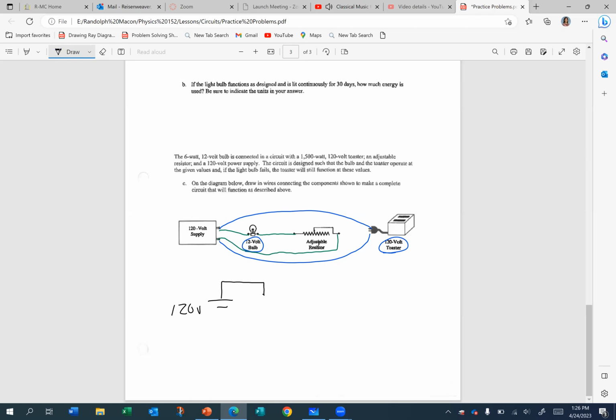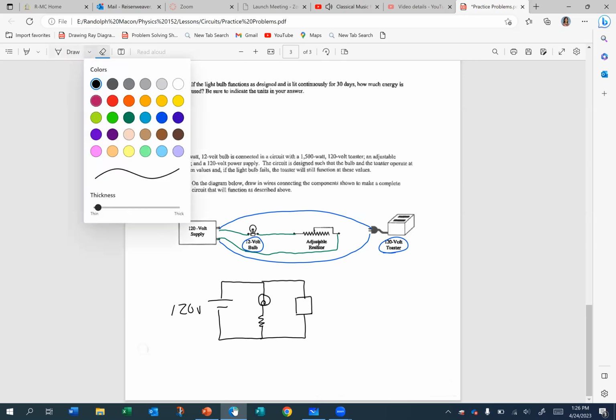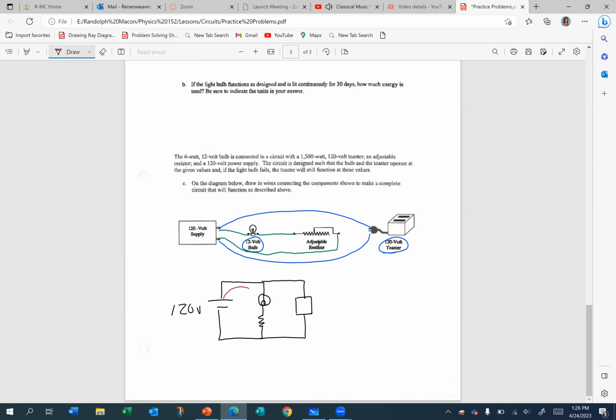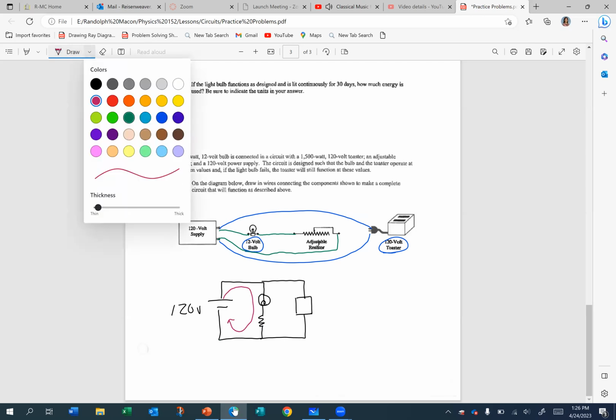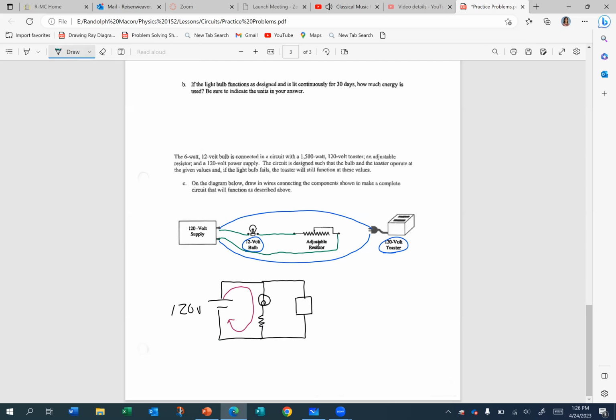You're going to go through a light bulb, which is also connected to the resistor, and you're also going to operate the toaster next to it. So that's what that looks like. One thing to keep in mind is current's going to come out of here and go through the first branch, but you're also going to get current going into the second branch.